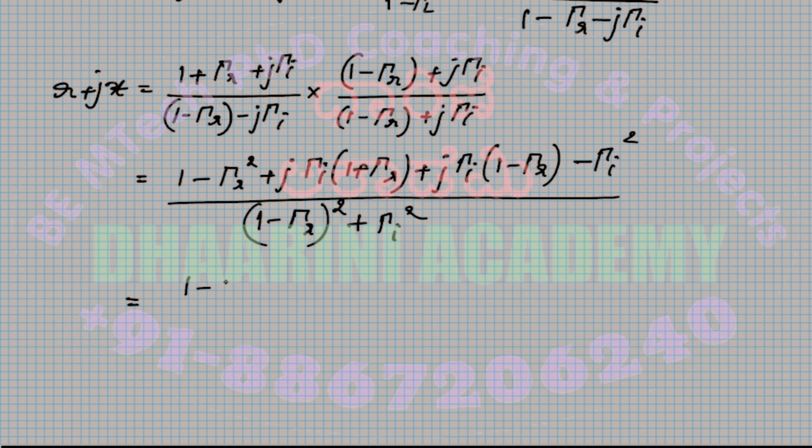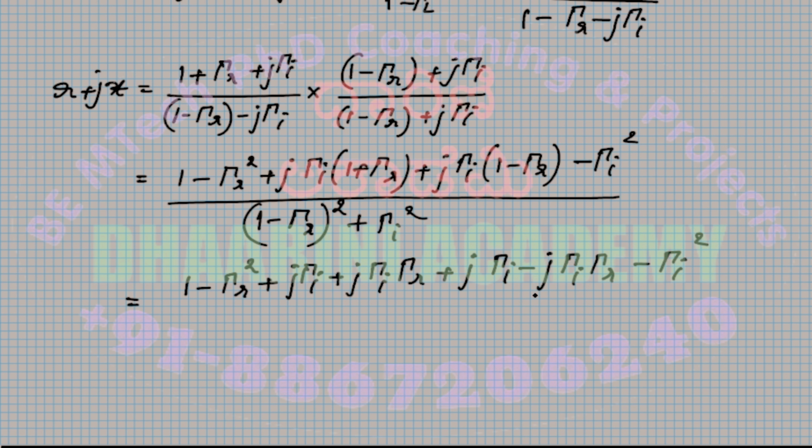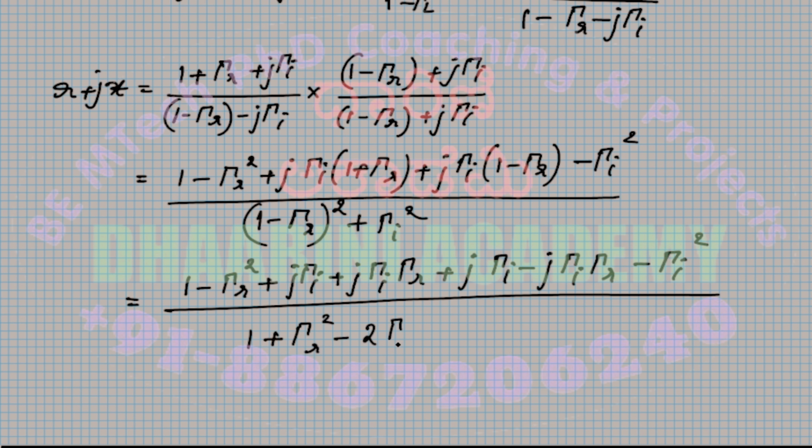This is 1 minus gamma R square, plus j times gamma I, plus j times gamma I gamma R, plus j times gamma I, minus j times gamma I gamma R, minus gamma I square, all divided by the denominator, whose first term is (a minus b) whole square: a square plus b square minus 2ab, plus gamma I square.